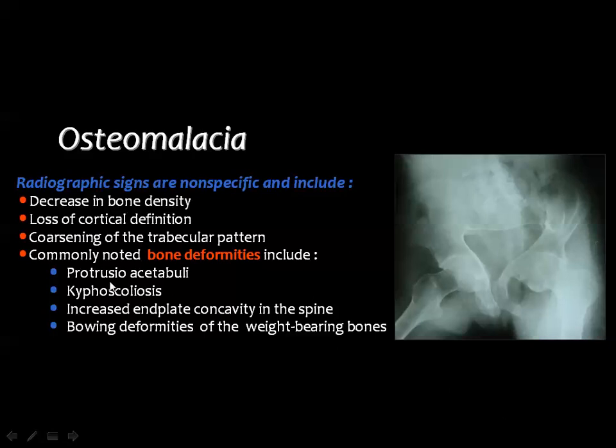The important deformity is what is known as protrusio acetabuli, meaning that the femur is centrally protruding through the pelvis due to softening of the pelvic bones. Kyphoscoliosis due to softening of the spine, increase in the biconcavity of the vertebral bodies, what is known as codfish vertebrae, and bowing deformity of the long bones.